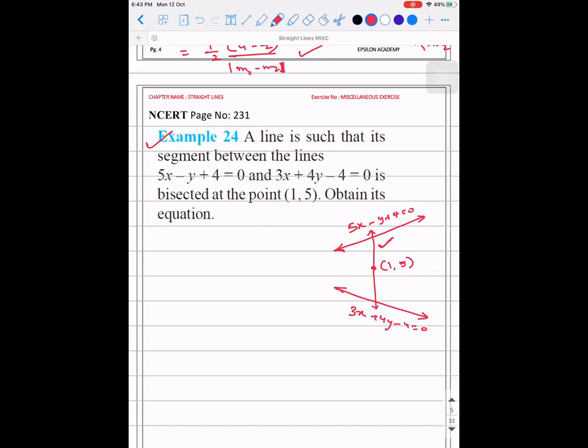So how do we proceed? So can we find the point of intersection in both lines separately? Okay. If at all you find the point of intersection, it is going to be somewhere over here.